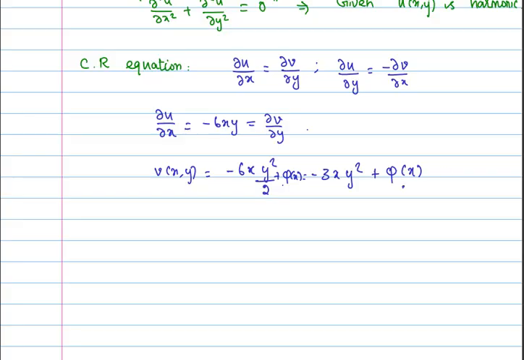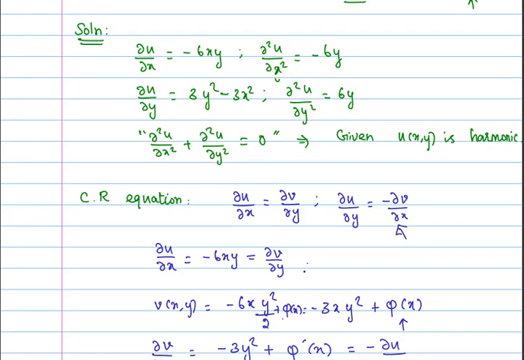So I have to determine phi of x, and that is why I am using the CR result again. Taking dou v by dou x, I get minus 3 times y square plus phi prime of x. This is equal to minus du by dy.